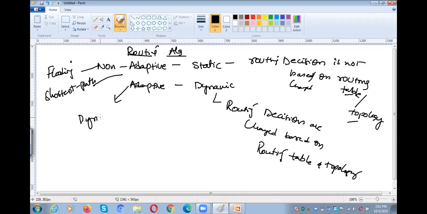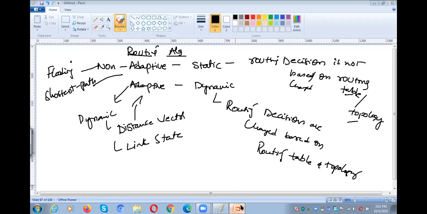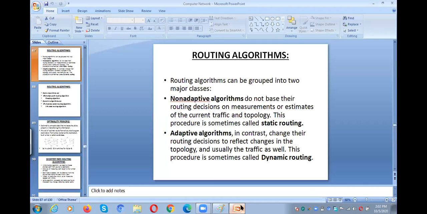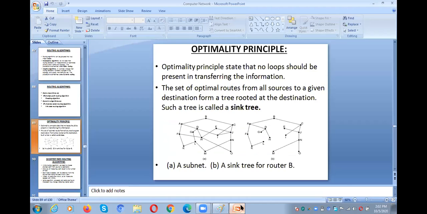Adaptive or dynamic: under this we have two things, distance vector and link state. These two are the algorithms under dynamic routing algorithms.